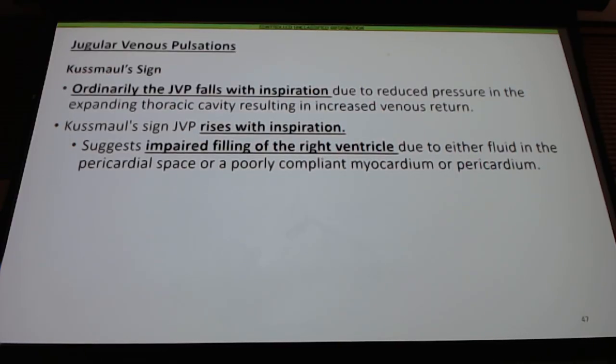However, if there is a problem with the ventricle where it doesn't want to accommodate all this additional volume coming to it, you will actually see on inspiration that wave goes up. So Kussmaul's sign, you see that jugular venous pulsation wave go up with inspiration.